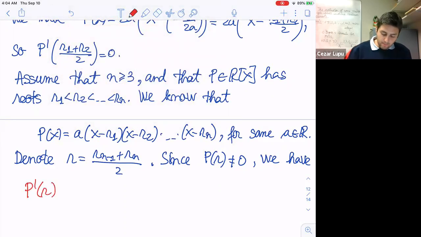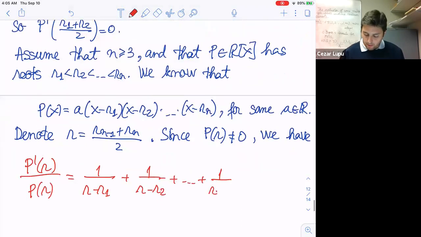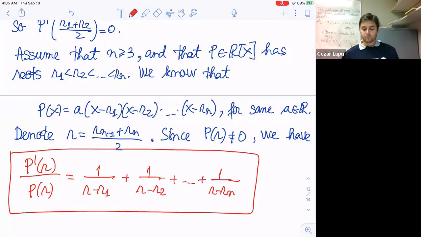The derivative of the polynomial P over P of r is nothing else than just 1 over r minus r1 plus 1 over r minus r2 plus all the way plus 1 over r minus rn. So we have this formula. All right.